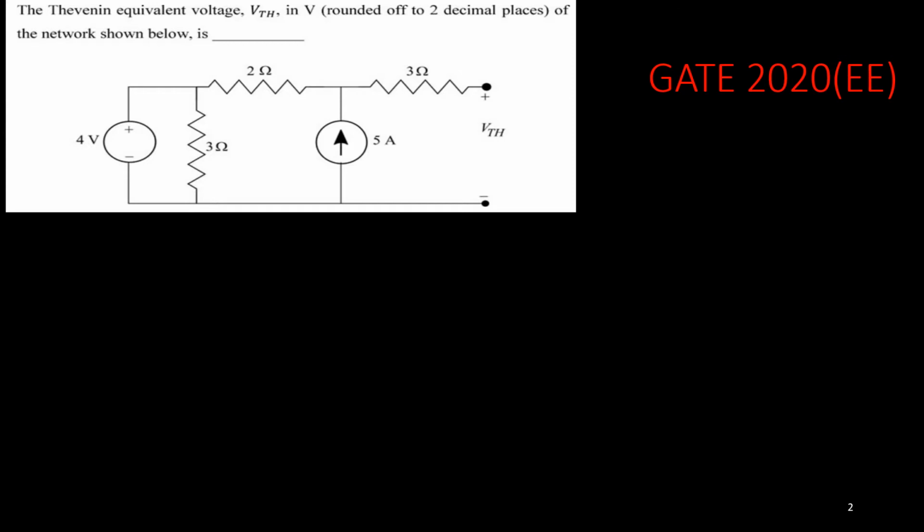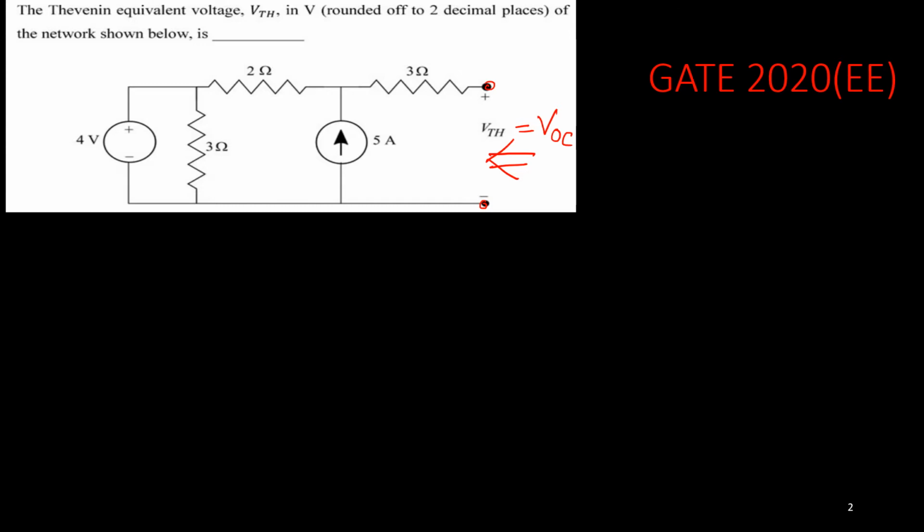That means if you look from this side, then the open circuit voltage at these two points will give you the VTH. So VTH is the same as VOC, the open circuit voltage. This is a very simple problem that we can solve within a minute.